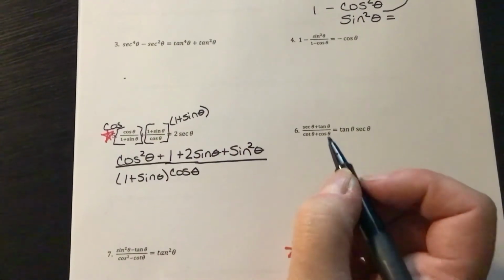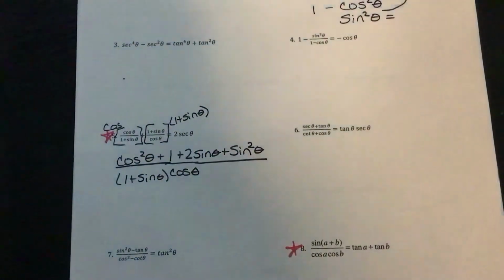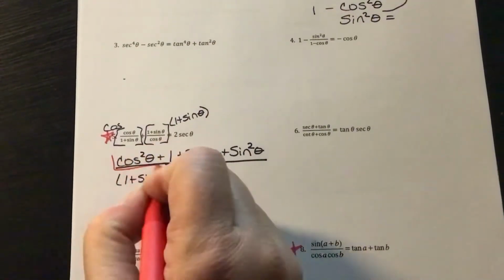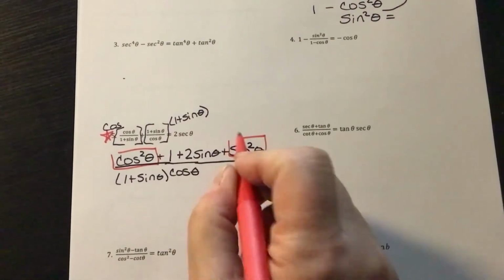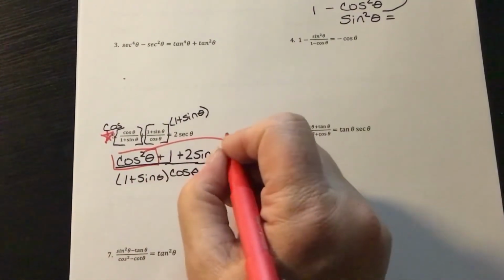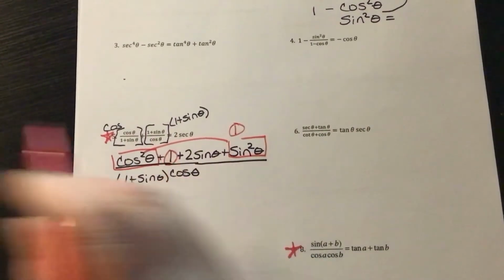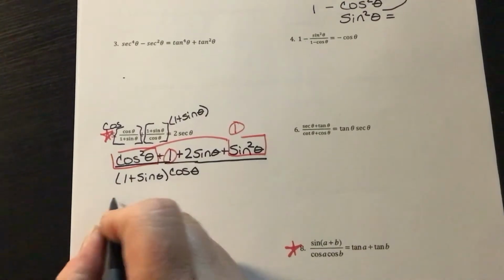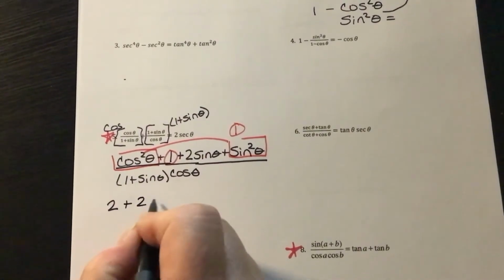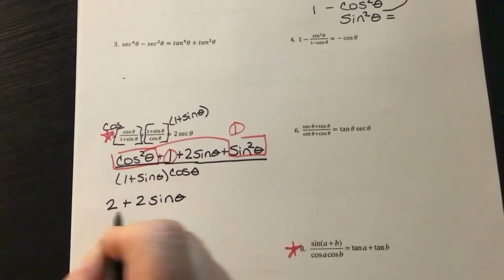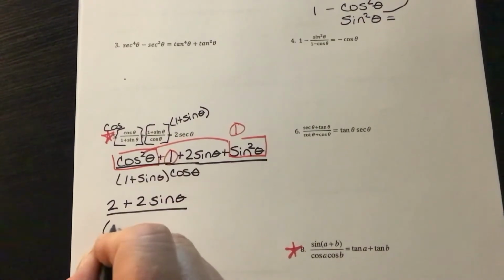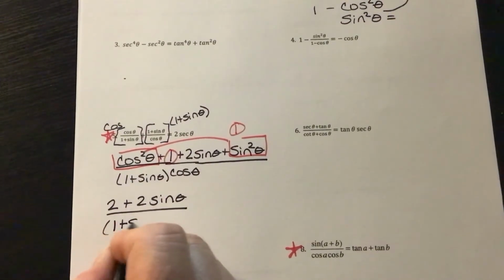And if I look at sine squared plus cosine squared, here I get 1. So I have 1 plus 1 is 2. So I have 2 plus 2 sine of theta over my common denominator.